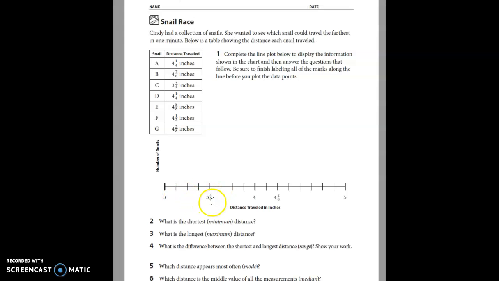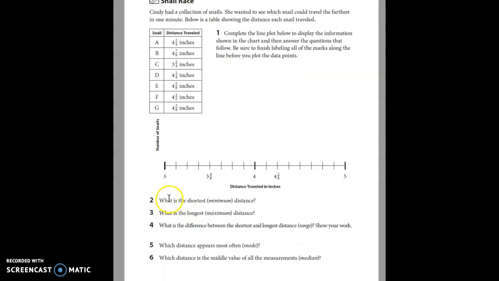If you notice, our denominators, again, are all in 8. So each line here needs a fraction. Okay, so you have to fill in each line, and then you can mark where each snail would go. So snail A, wherever 4 1/4 would be, you put an A above it. Again, 4 1/4 needs to be converted to eighths.